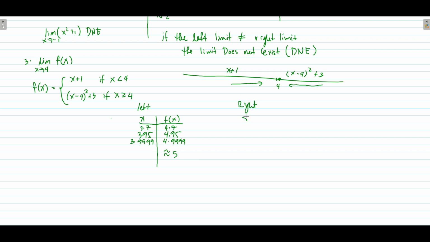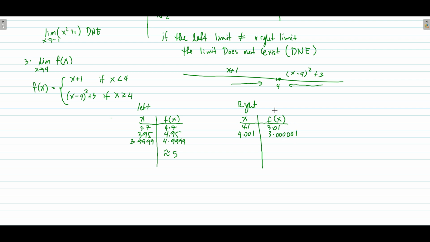Sa right naman, we have x, f of x. So, ang gagamitin natin, the quantity x minus 4 raised to 2 plus 3. Mag-start na tayo with 4.1. 4.1 will give us 3.01. 4.001 will give us 3.000001.